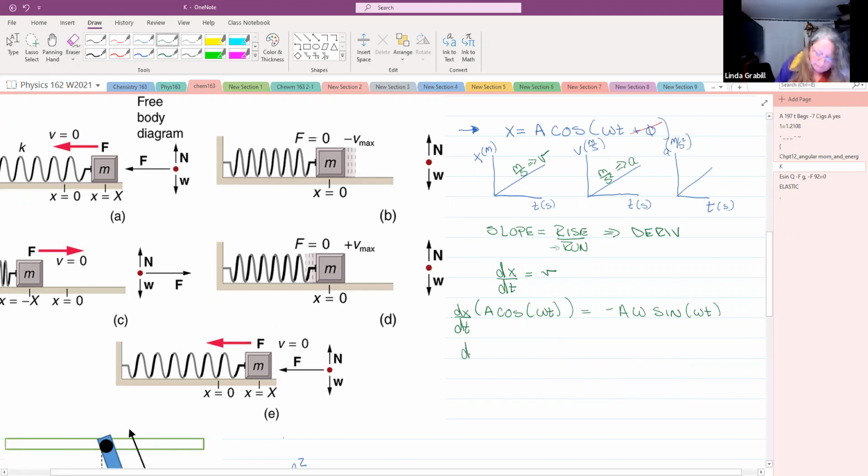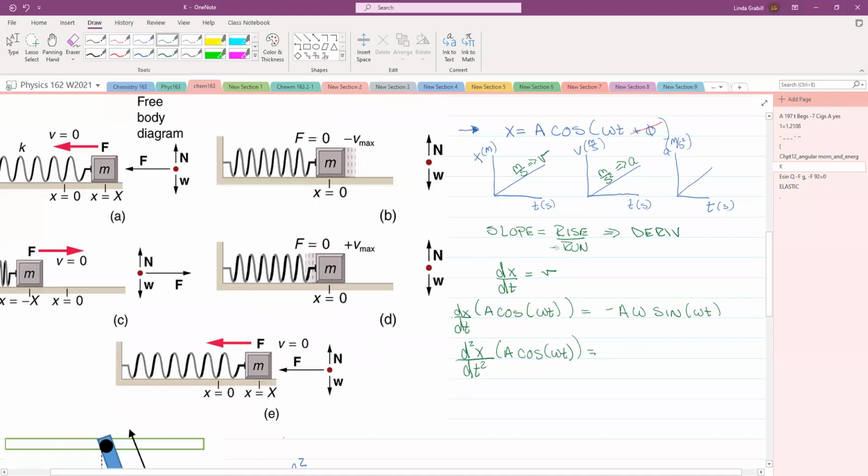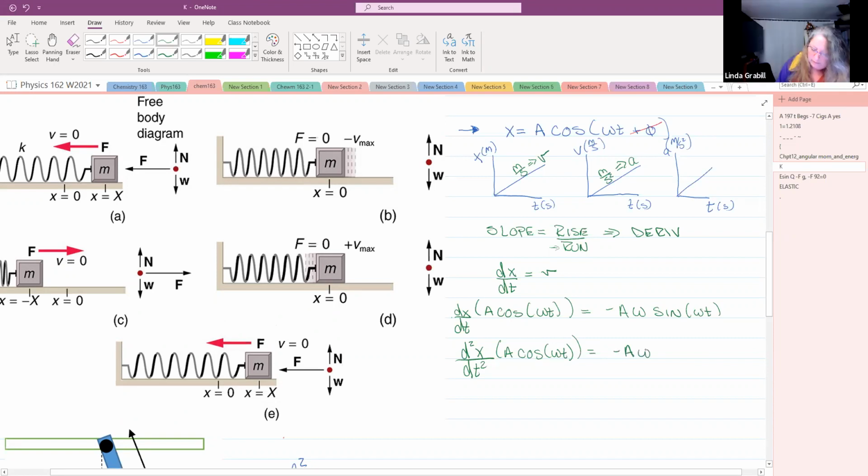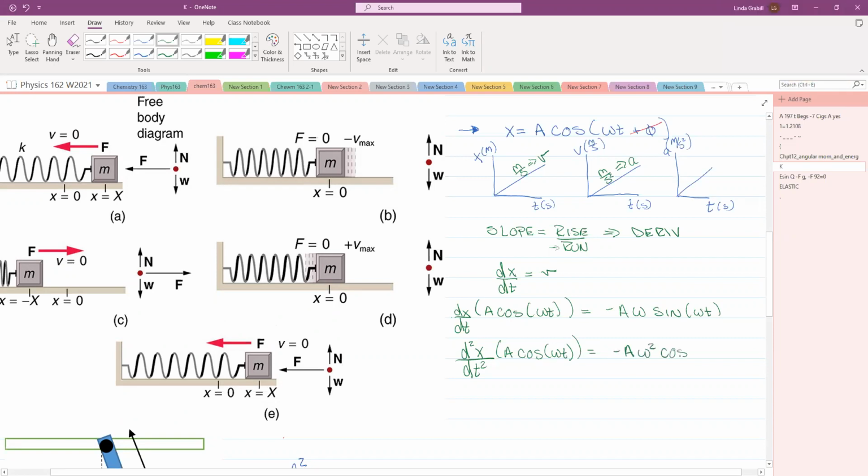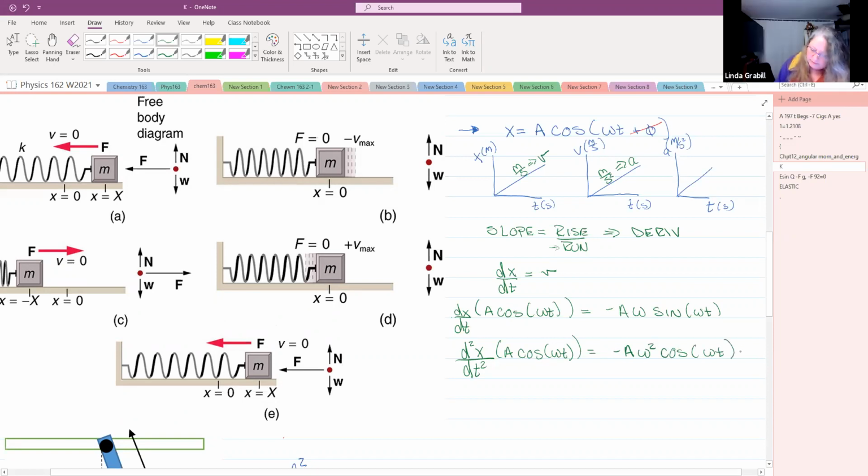Now, what if I take the second derivative of A cosine omega t? What do I get? You should get negative A omega squared cosine of omega t. Good. Let's remind ourselves that this here would be acceleration, and this thing here would be velocity.